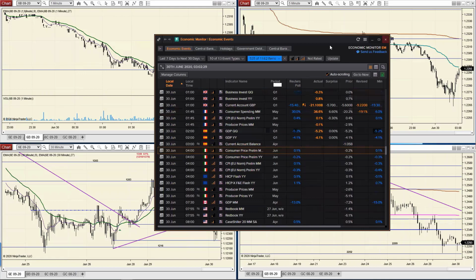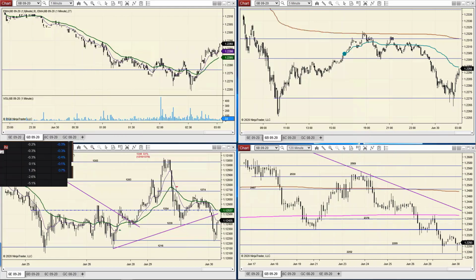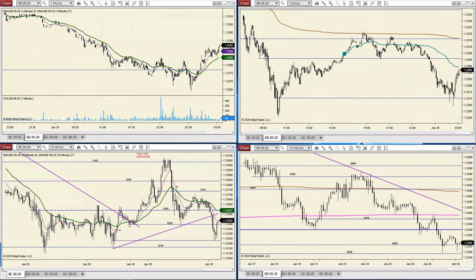Let's move this out of the way. You can see the euro working up a little bit higher after coming down here, at least as far as the 6E, which is the futures, coming as low as 12.24 or 12.23.